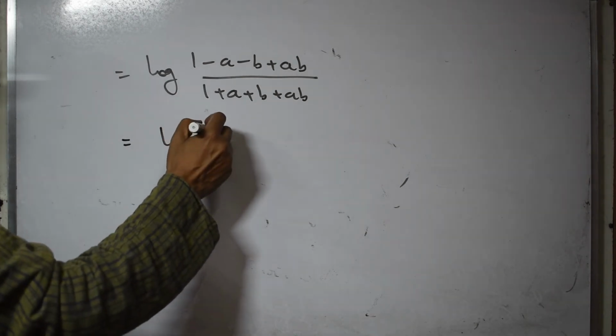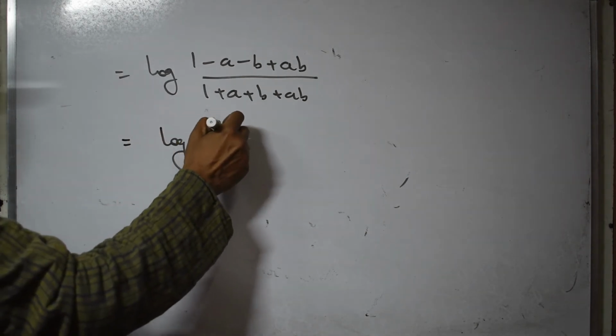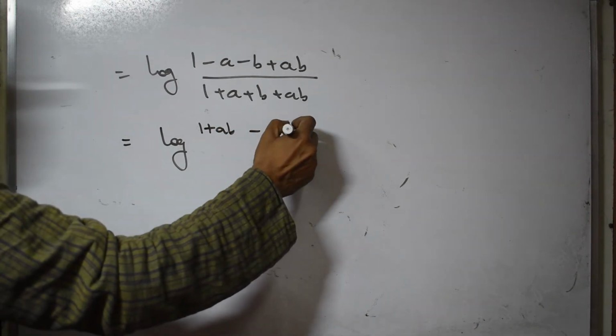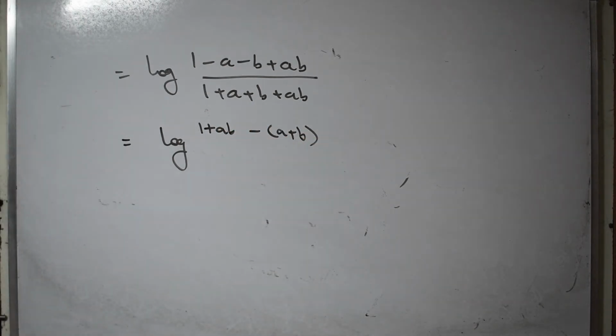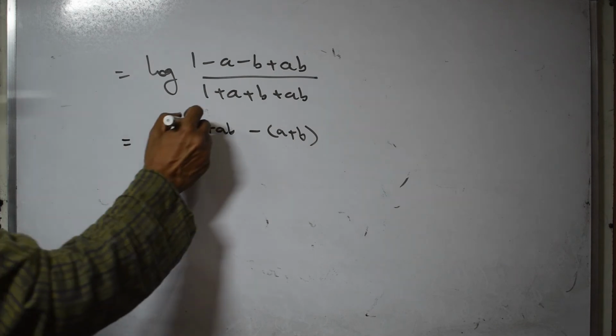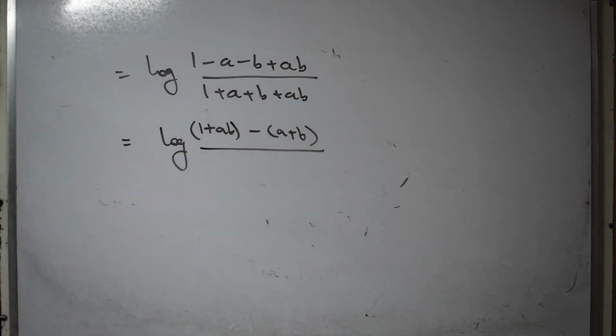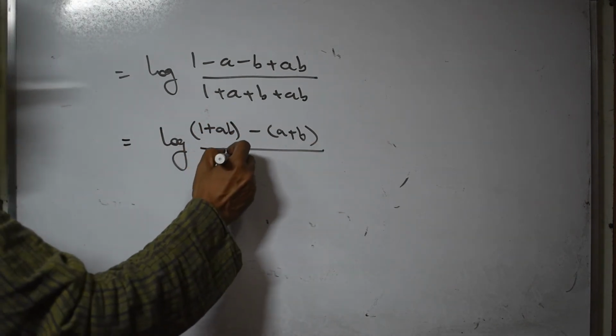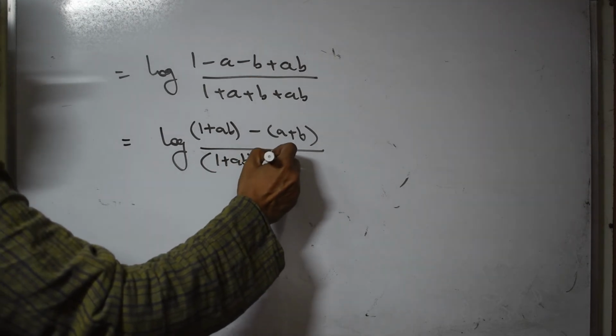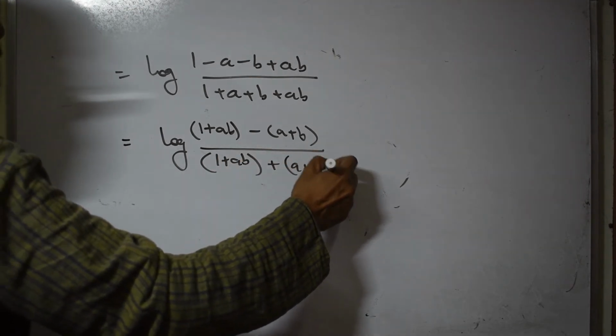I am arranging the numerator as 1 plus ab minus a plus b, and the denominator as 1 plus ab plus a plus b.